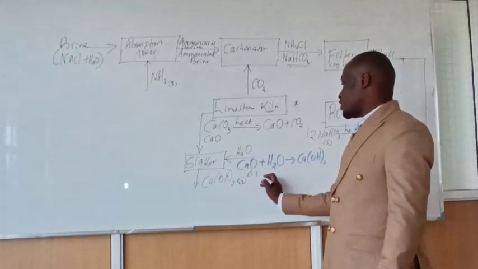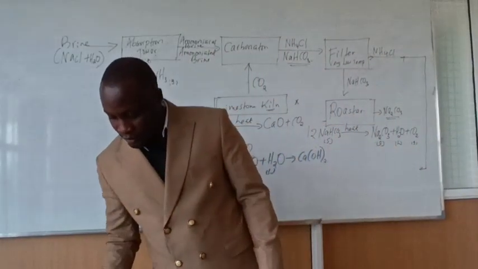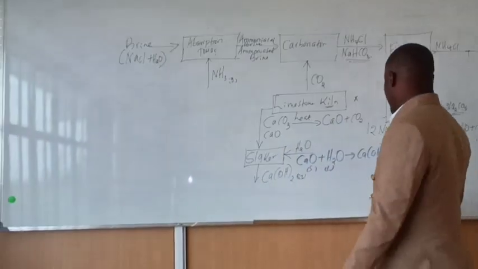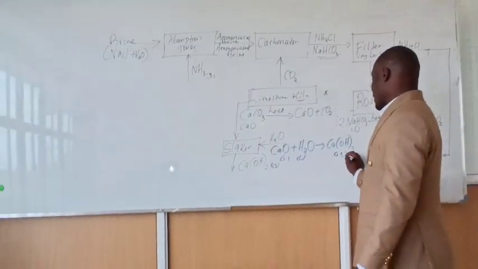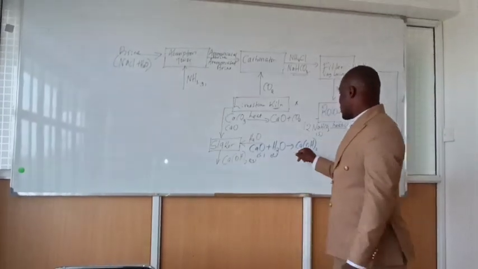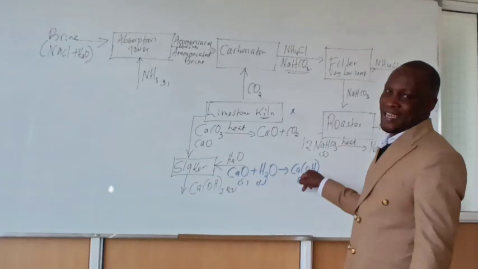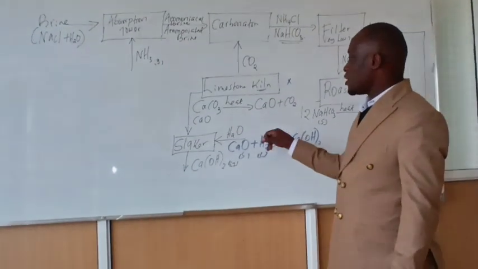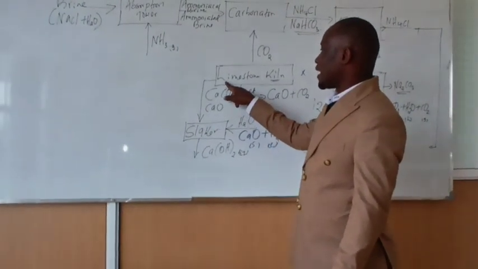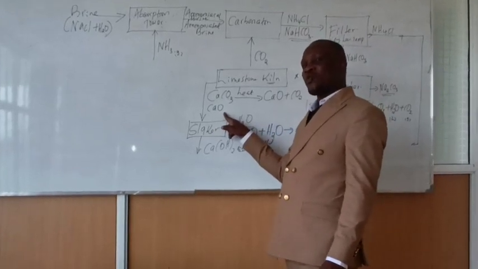This is solid, that is liquid, and this is aqueous. That is why calcium hydroxide is also known as slaked lime. Calcium carbonate is limestone. Calcium oxide is what is known as quicklime.